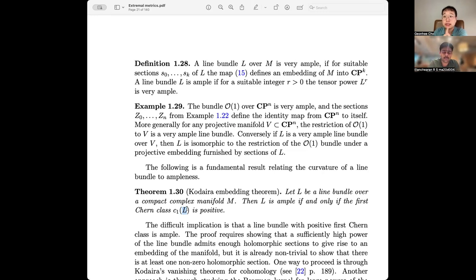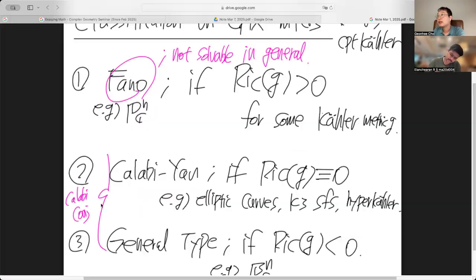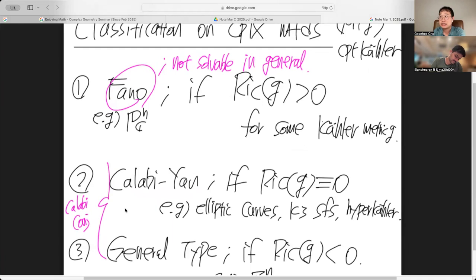That's one reason. But it does not mean that we should restrict our attention to the canonical line bundle. However, we can still link the world of differential geometry from the canonical line bundle. That's the key reason. So the practical reason to look at these three classes is that in this case we can use both differential geometry and algebraic geometry.